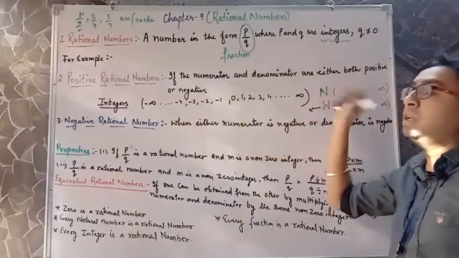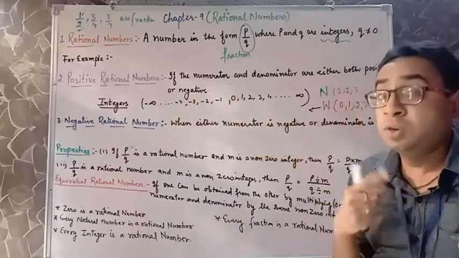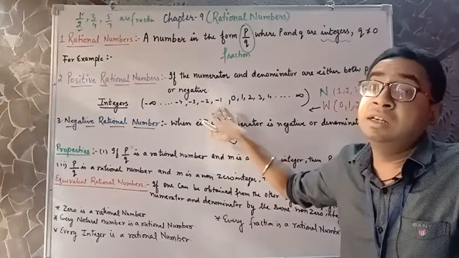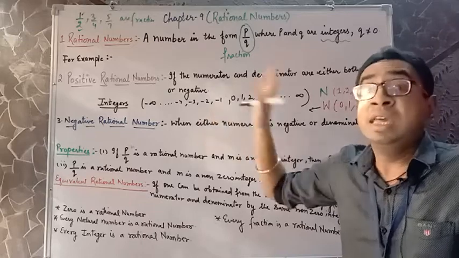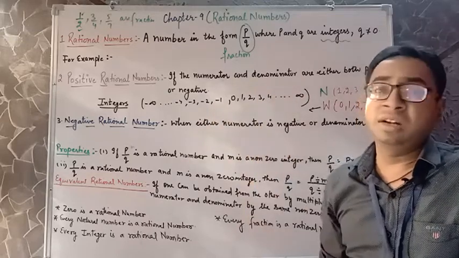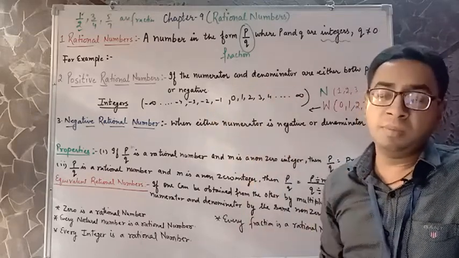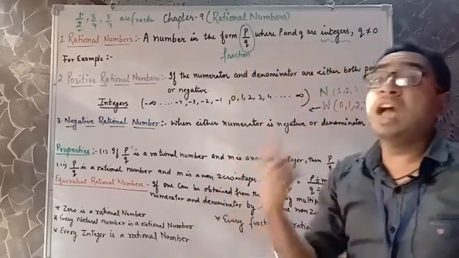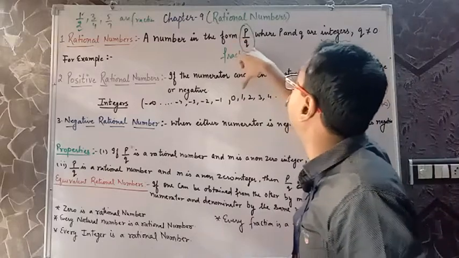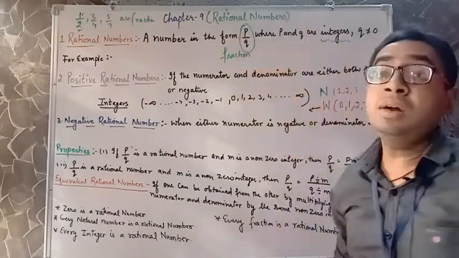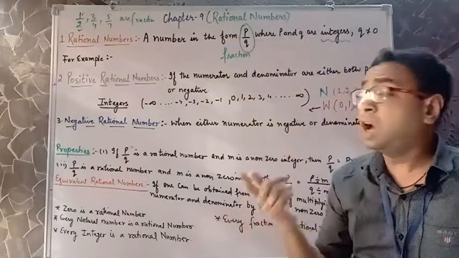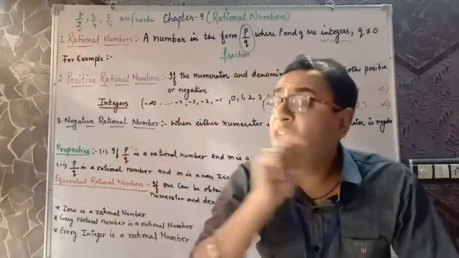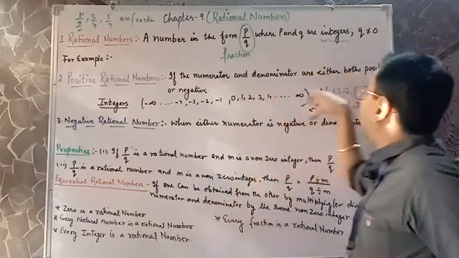Hence, everything is completed? If you think the calculation of numbers is completed here, it is absolutely wrong. Even integers were not able to satisfy the need to represent numbers. Hence came fractions, in the form p by q, where p and q were natural numbers. But 1 by 2, 3 by 4, 5 by 7 mean natural numbers, which are positive numbers.